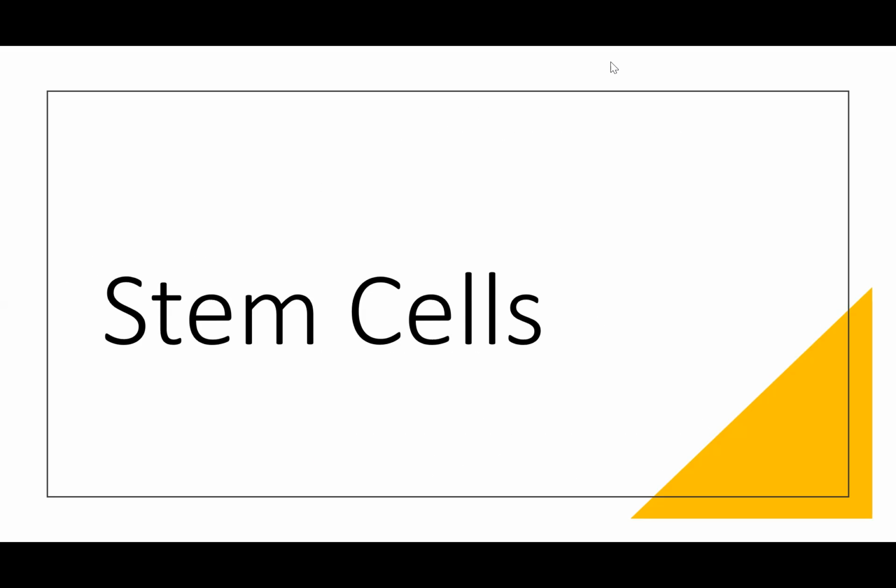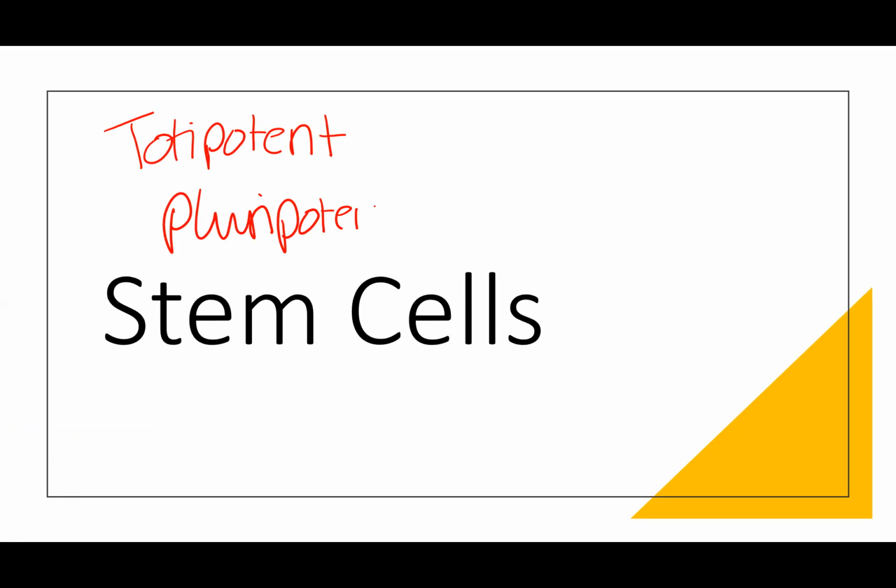You'll hear me using a few different terms during this session: totipotent, pluripotent, and then unipotent. All this means is the prefixes, toti, pluri, and uni, tell us what types of cells these stem cells can differentiate into.